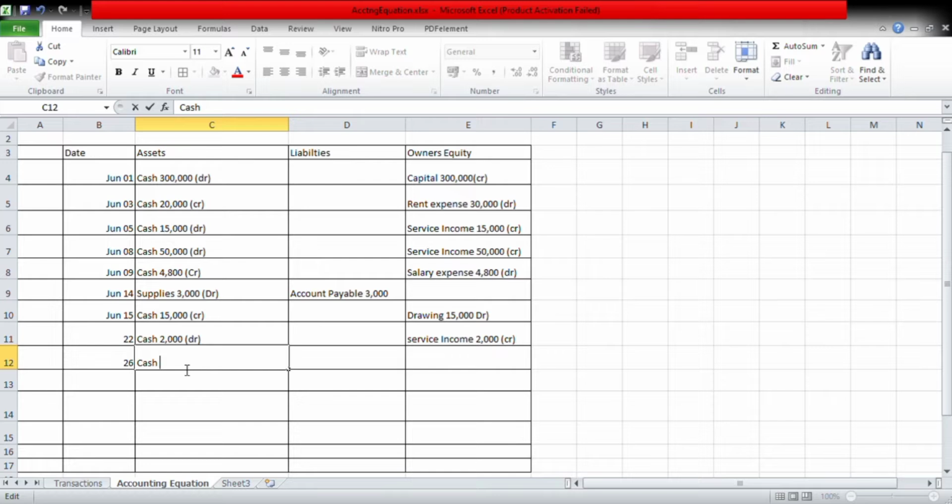Credit since we pay expenses, and then utilities expense, 850 pesos debit.